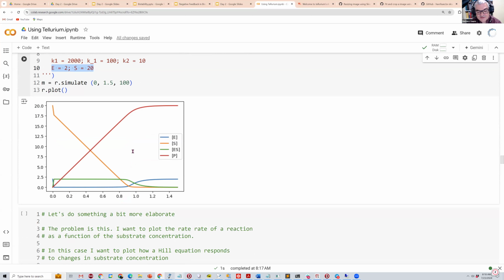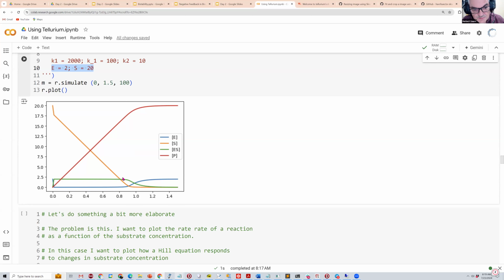In fact, this is a nice little model. It illustrates why we can use the Michaelis-Menten equation as an approximation, because you'll notice that at the beginning, there's a very, very fast transition for ES and E, and then everything's relatively constant. And that's what we depend on when we use the Michaelis-Menten equation.